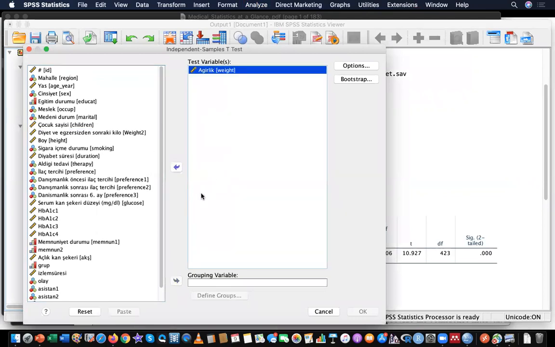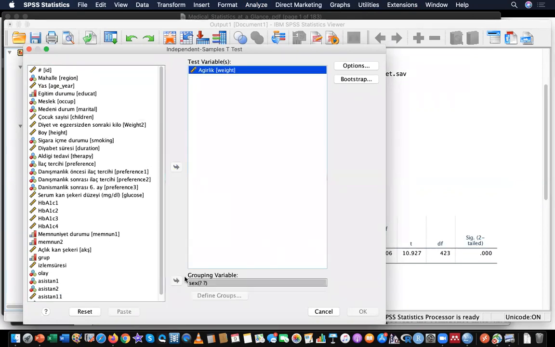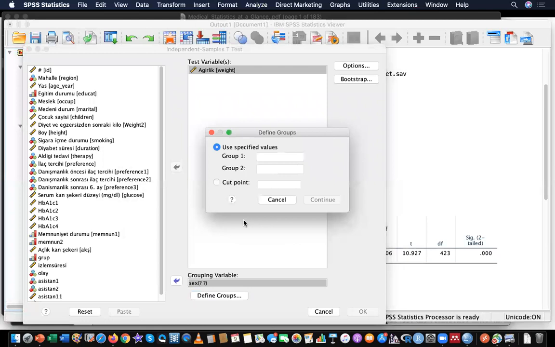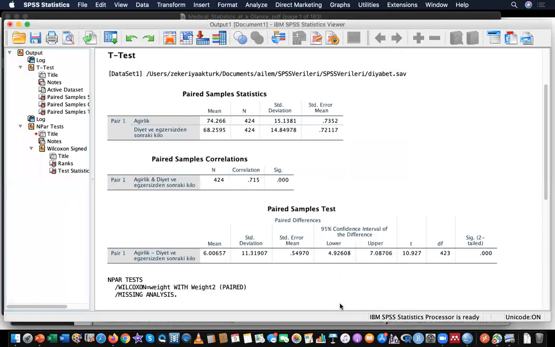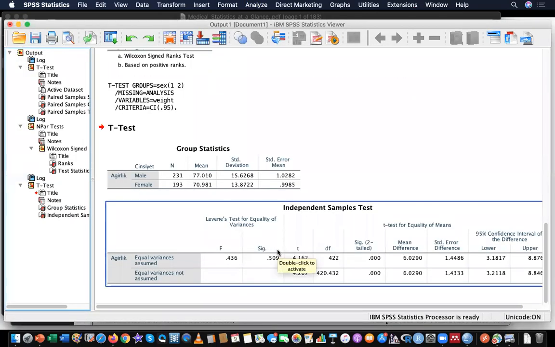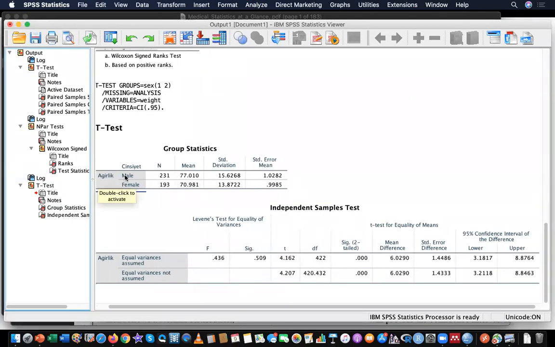I have to have two groups, let's say between males and females, sex. I have to define the groups. Group 1 and group 2, males and females, I coded as 1 and 2. So if I click OK, let us see what we have. This is the student t-test computer output in SPSS.